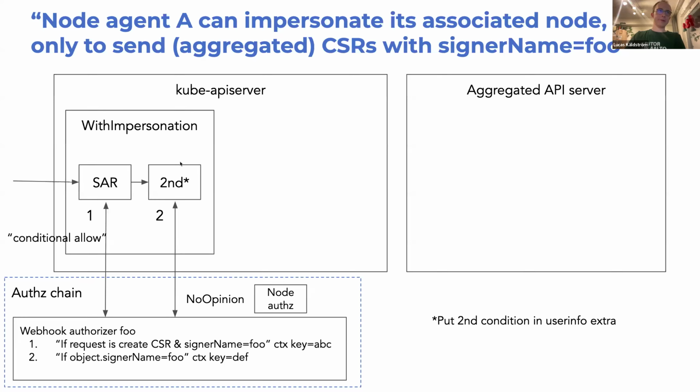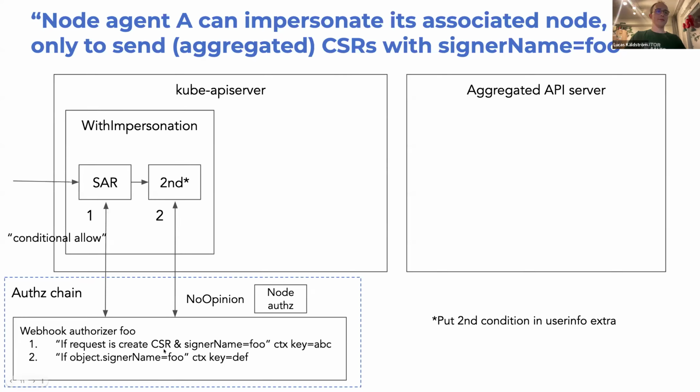Then the impersonation filter already has the information about the request metadata, so it can do the secondary check up front, and then it calls back the same authorizer, asking can this user do it? And the second one would also be conditional, because it says yes, they can, because I see this request is a create CSR, so that's all good.